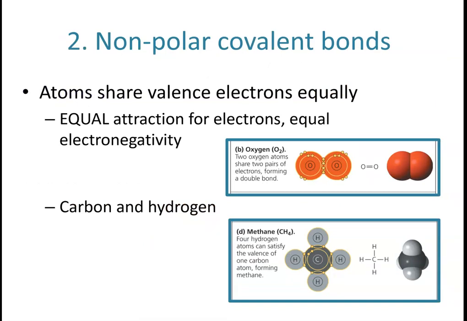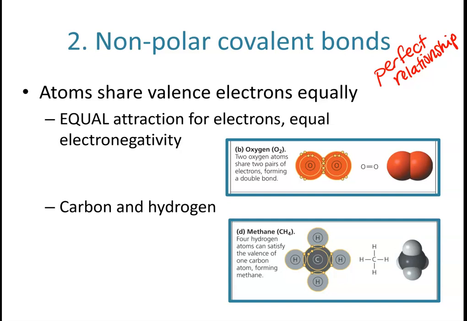So nonpolar covalent bonds are bonds where atoms share valence electrons equally. I like to think of this as like a perfect relationship where everything's good, everything is shared, everything is equal amongst the two individuals. So there's equal attraction for those electrons because there's equal electronegativity.